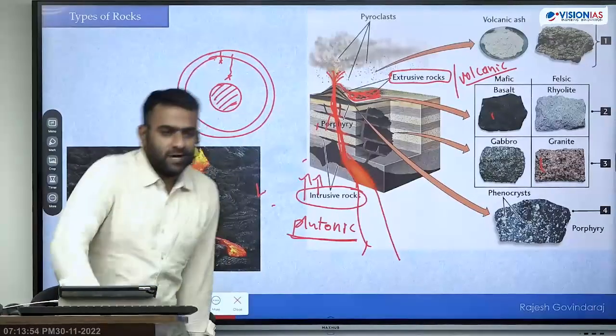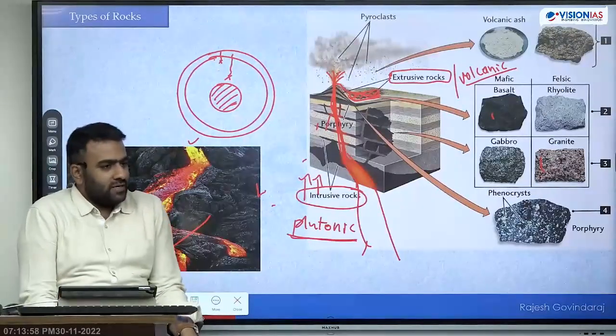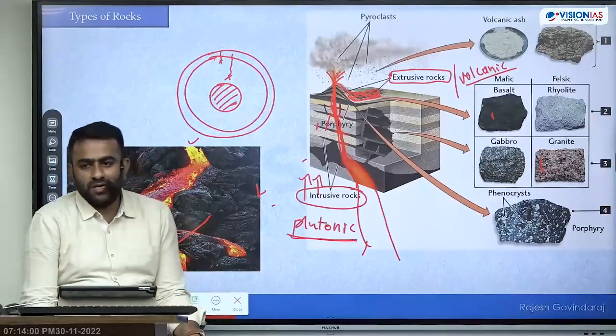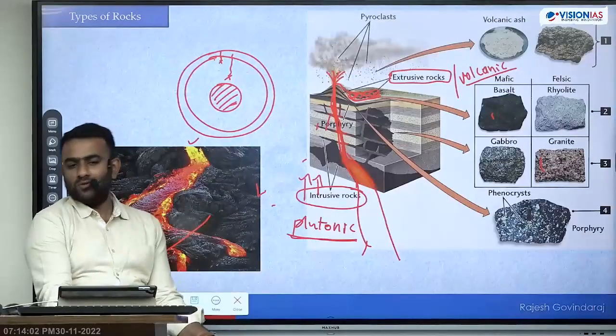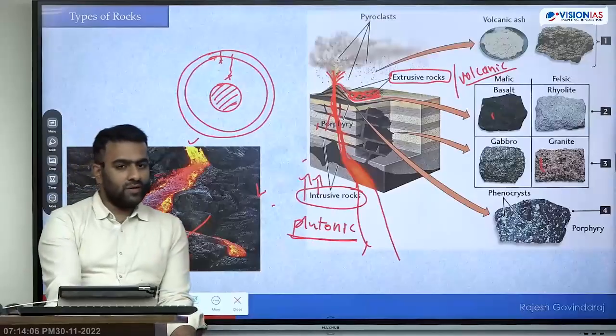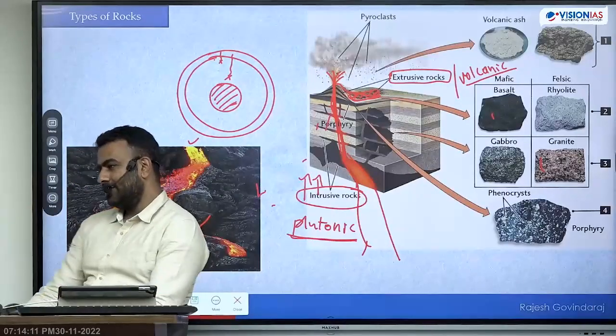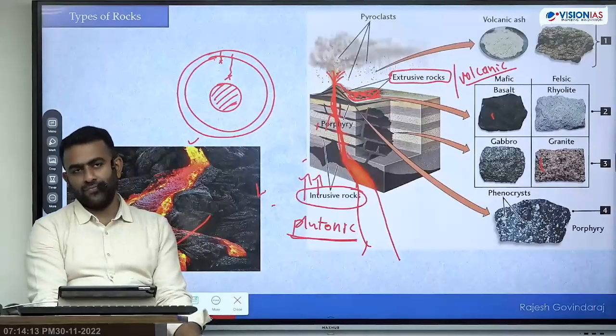So the first difference is the rate of cooling. Inside the earth, inside the lithosphere, it cools slower. Above the surface, it cools faster. When it cools slower, it results in crystalline texture. When it cools faster, it results in glassy texture.